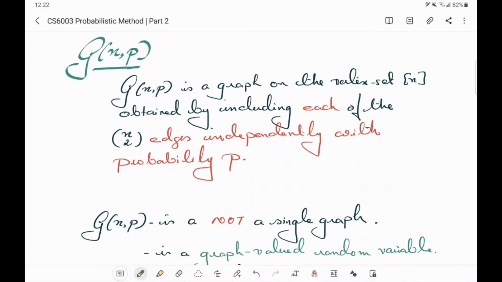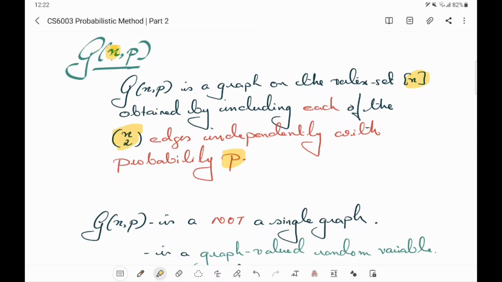What are the details of this random experiment? G n,p is a way to randomly generate a graph. It's again a graph on n vertices. The n here denotes the number of vertices in the graph. And you go to each of the possible n choose 2 edges, and toss an independent coin.